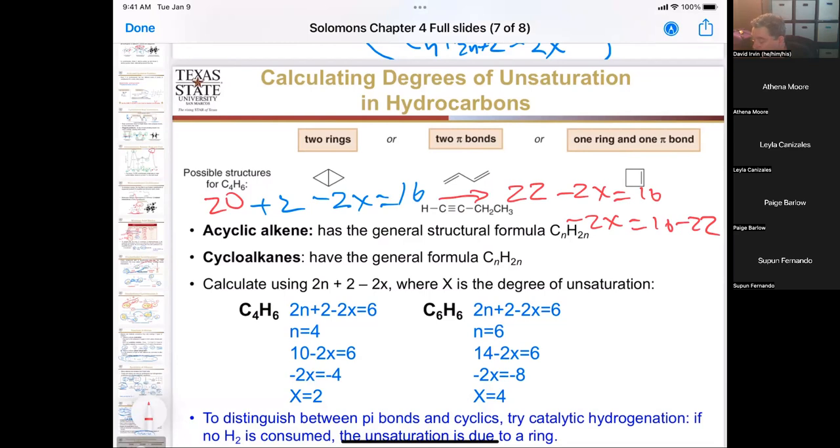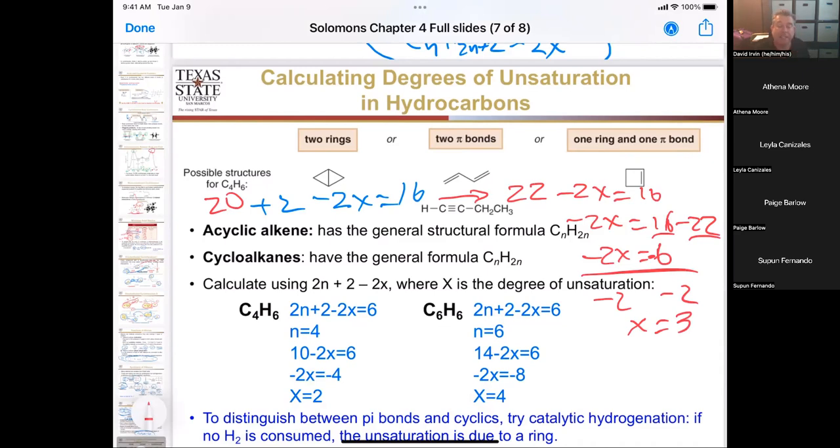Minus 2x is equal to 16 minus 22, which is minus 6, because 16 is smaller than 22. So we divide both sides by minus 2, and that means x is equal to 3.